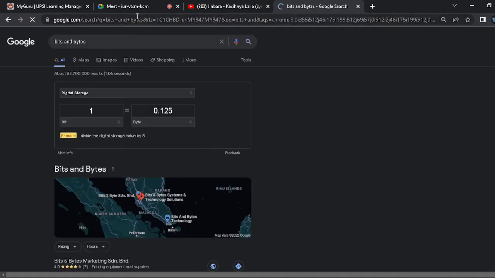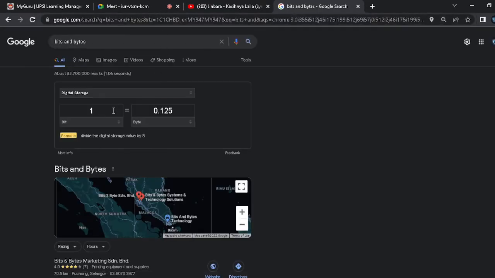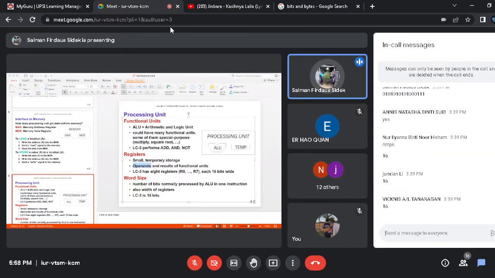So look at the notes just now. Okay, word size. The definition of it is the number of bits normally processed by ALU in one instruction. So you know that ALU will process 0 and 1.